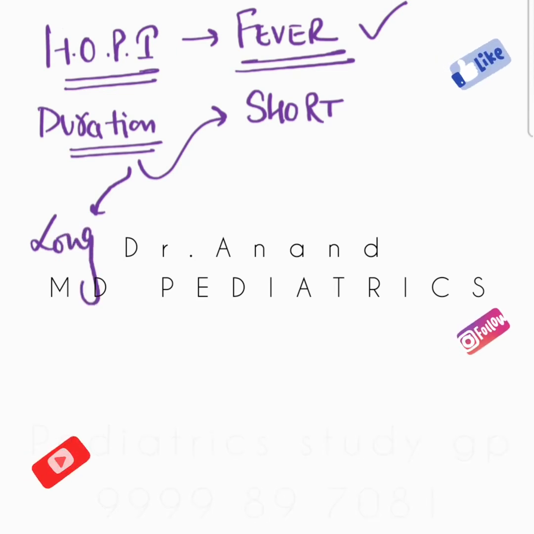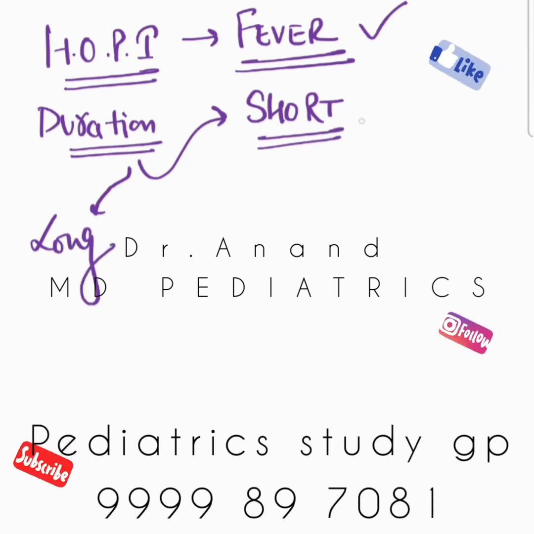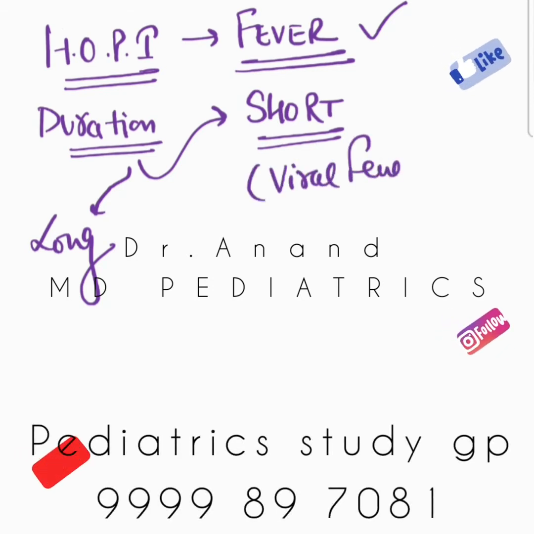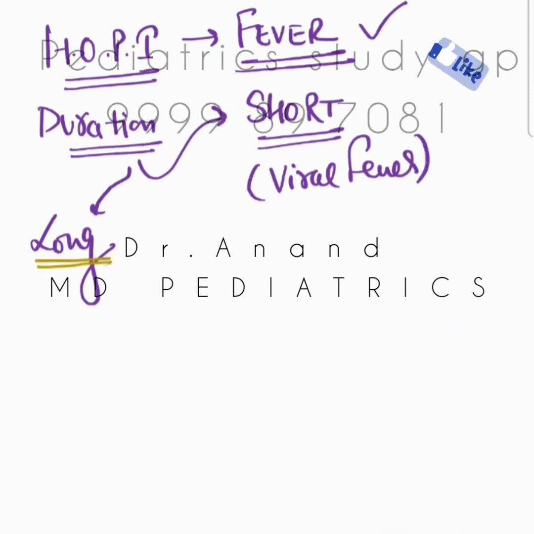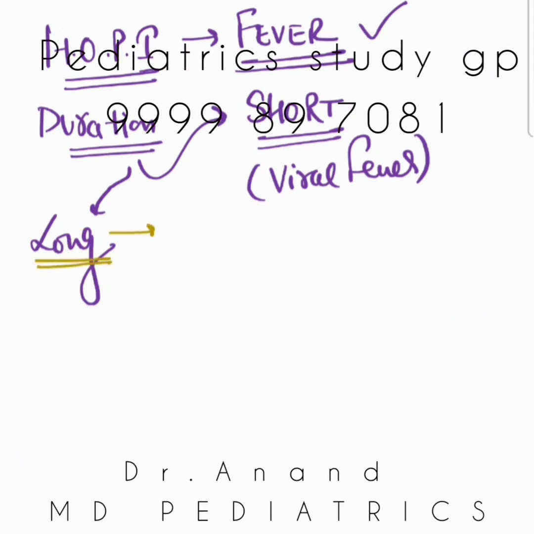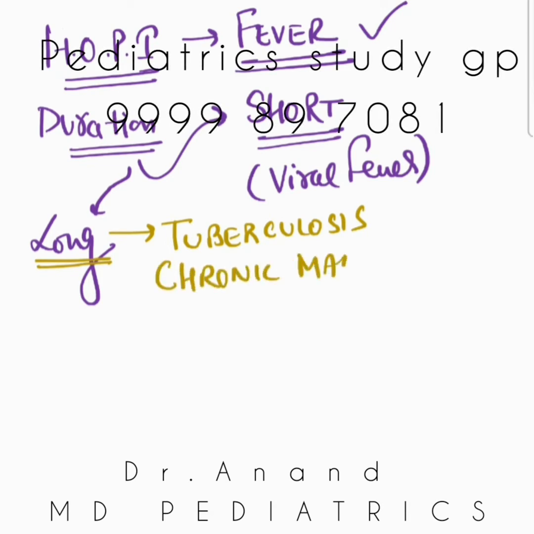Always remember, if the patient has a short duration fever, you will think of viral. Yes or no? Viral is the most common cause patients come with, right? So we think the patient is having viral fever, short duration, 5 days or 5 to 7 days. But a long duration fever, you should think of tuberculosis. Have you heard of tuberculosis? Very important: fever with evening rise of temperature, cough with evening rise of temperature.